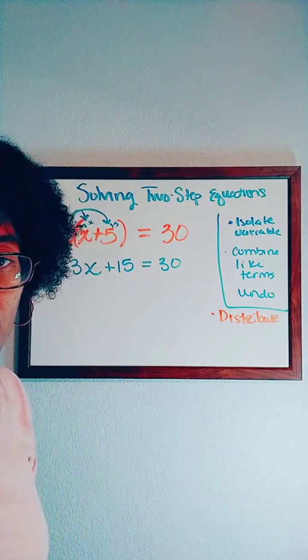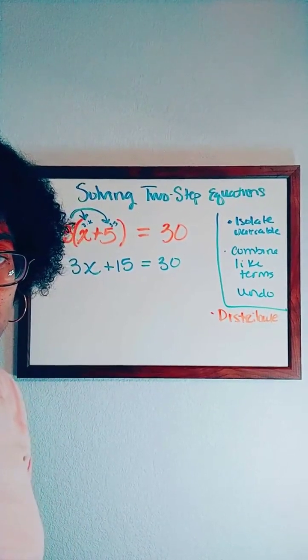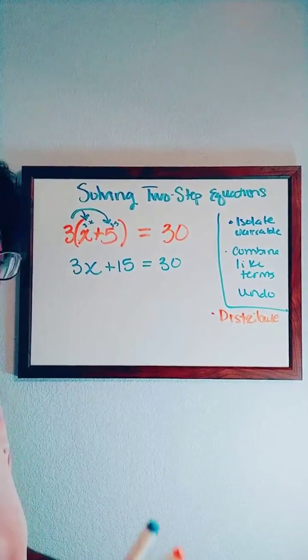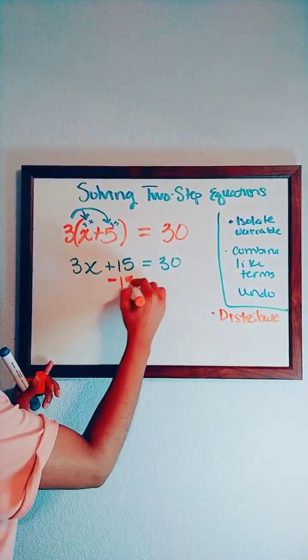Subtract 15 from both sides. Somebody told me the answer is 5. Subtract 15, the answer is 5. Perfect.